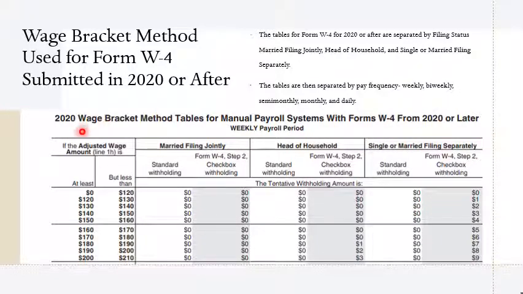And here is the adjusted wage amount. If you fall within, let's say, for example, this bracket right here, then we can figure out the amount of tax that you have to have withheld from your paycheck depending on if you file married filing jointly, head of household, or if you are single or married filing separately.